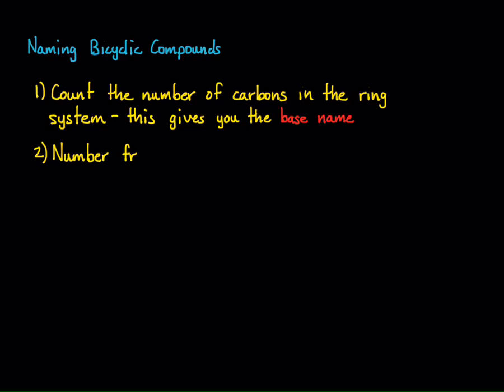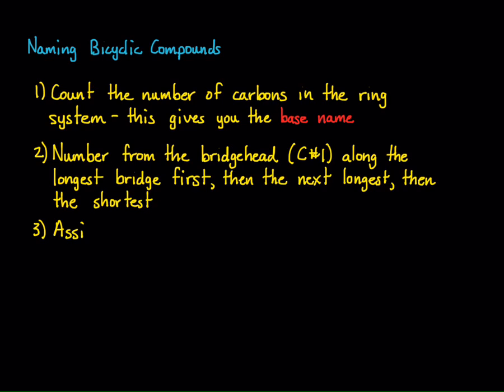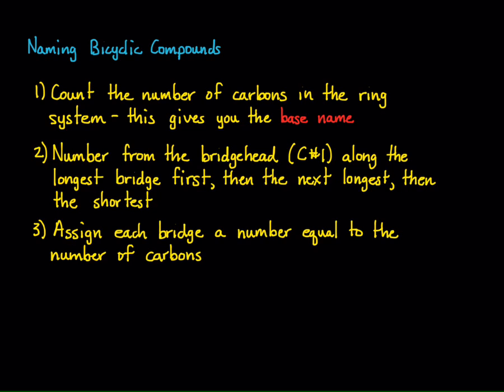And then what we do is we number from a bridgehead carbon, which we label carbon number 1, and we go along the longest bridge first, and then the next longest bridge, and then the shortest bridge. So we end on the shortest bridge. Then we assign each bridge a number equal to the number of carbons.